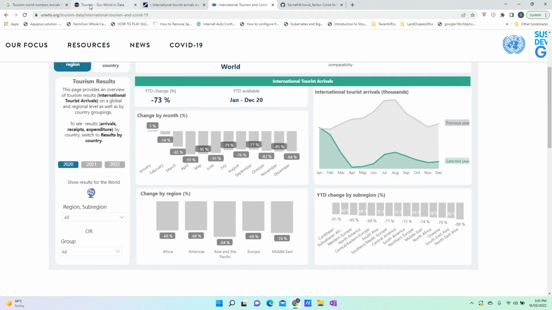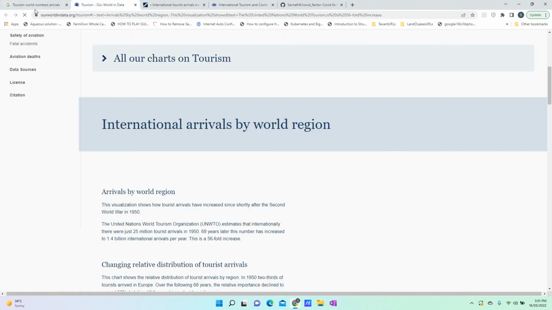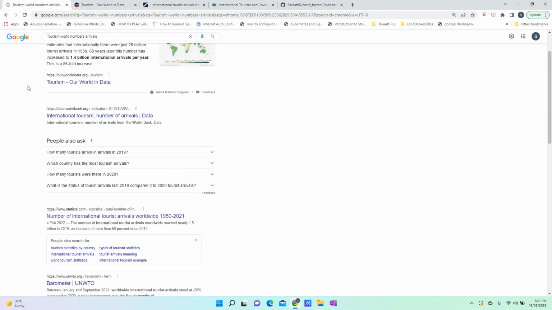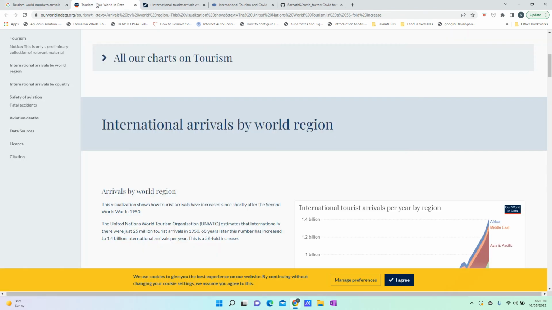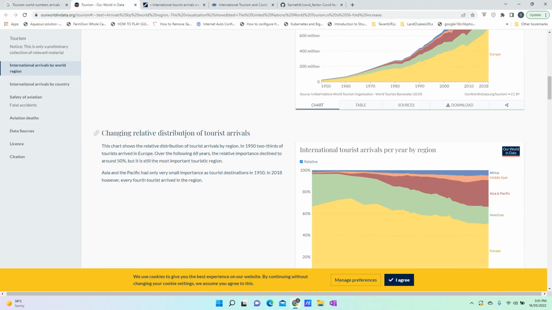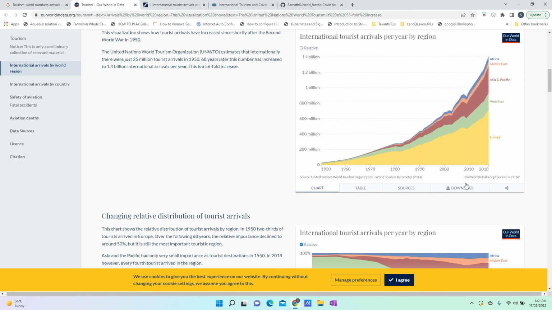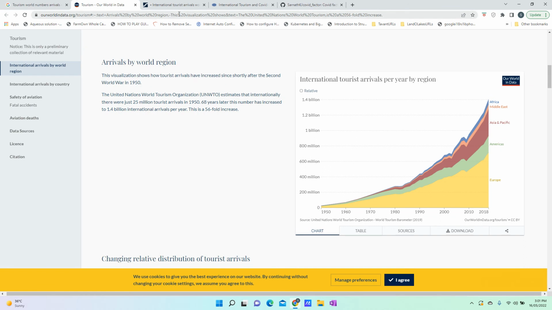across this beautiful website. There are several websites. If you go and search for world tourism arrivals, this is one such nice one, but they have data only until 2018, so it's absolutely not useful for us.